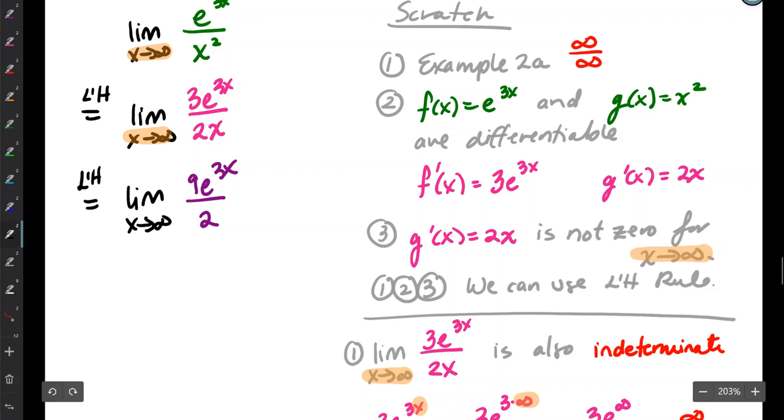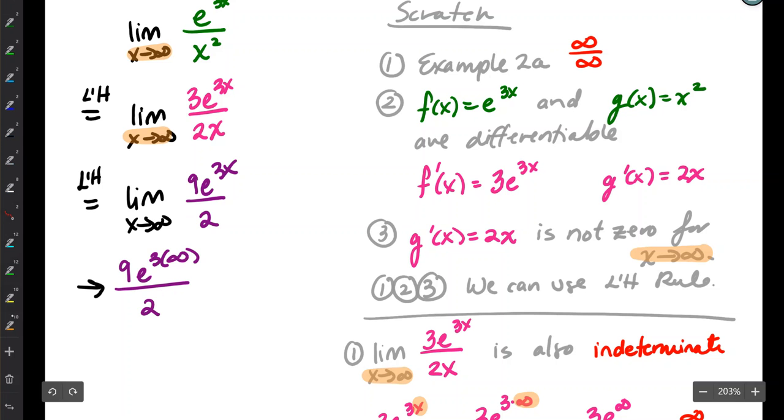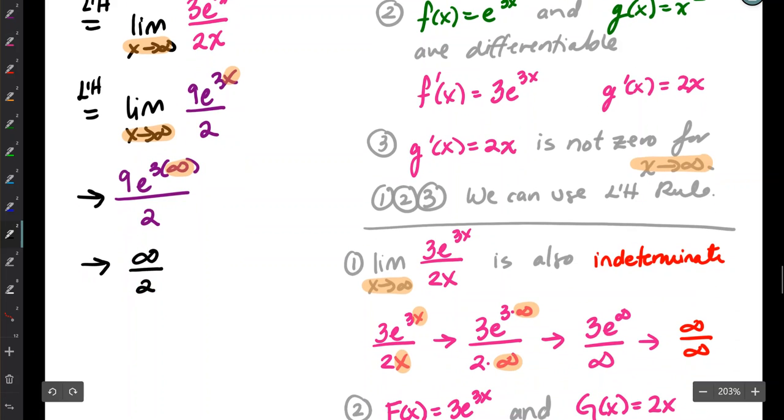Where is this on its way to? This is on its way to 9 times e to the huge all over 2, which is huge over 2, which is just huge. All right, and we are done.